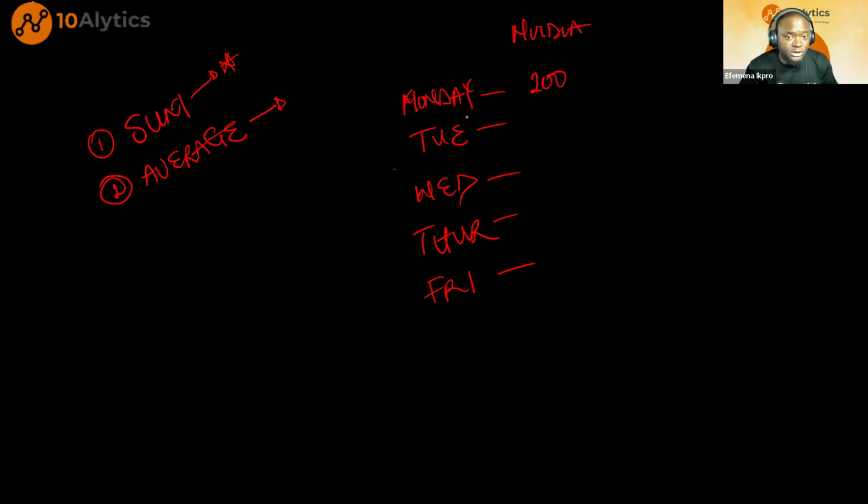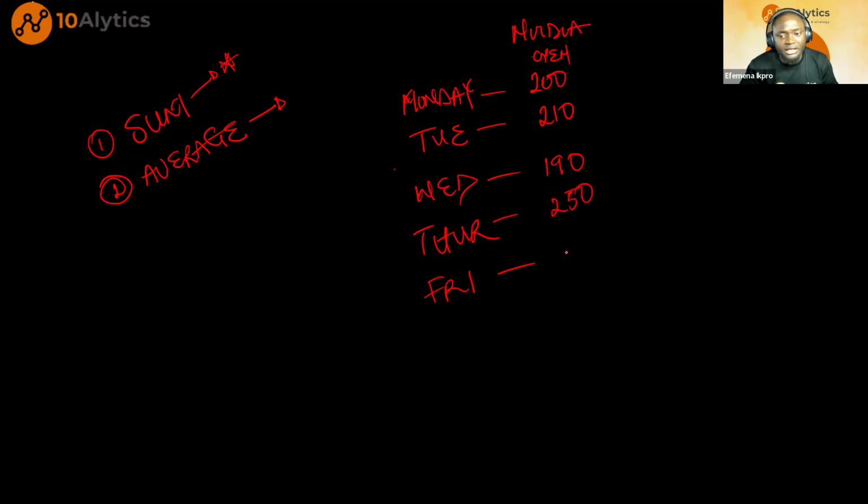On Tuesday, the same company is now valued at, let's say, 210. Wednesday, it drops to 190. Thursday, we're looking at all open prices, maybe it increases to 250.